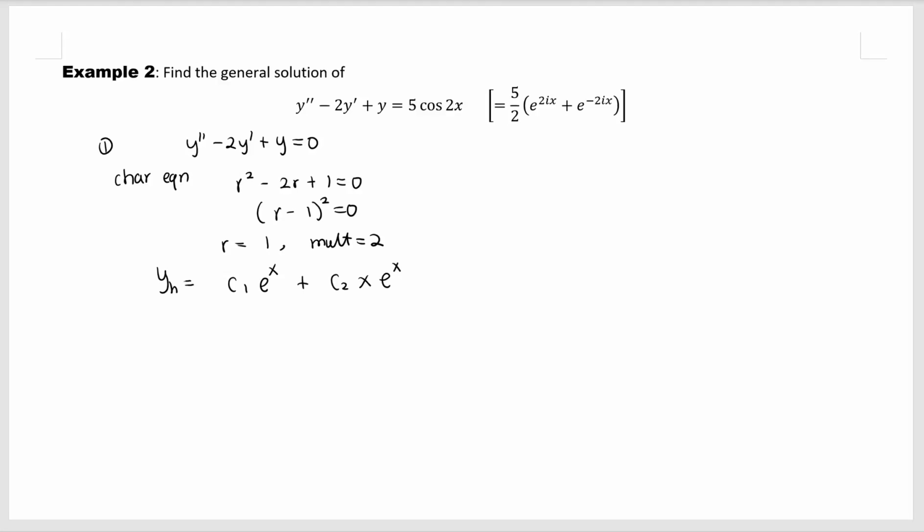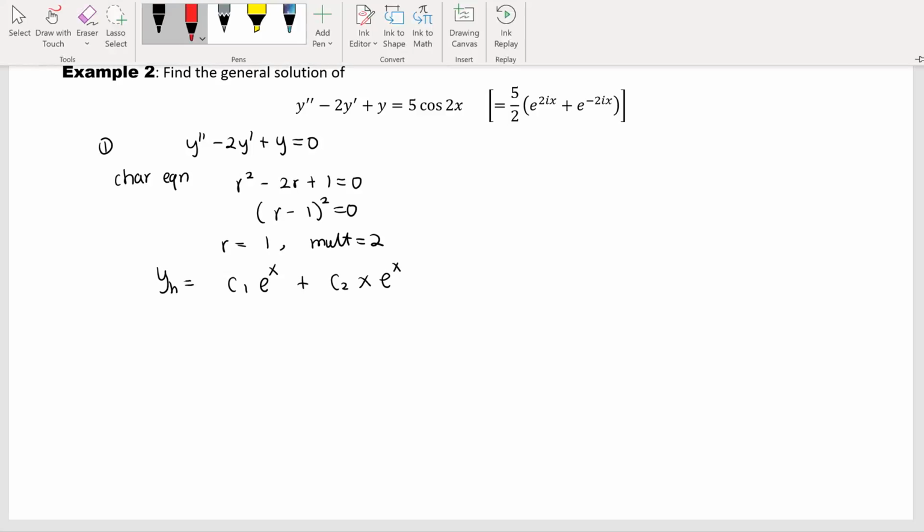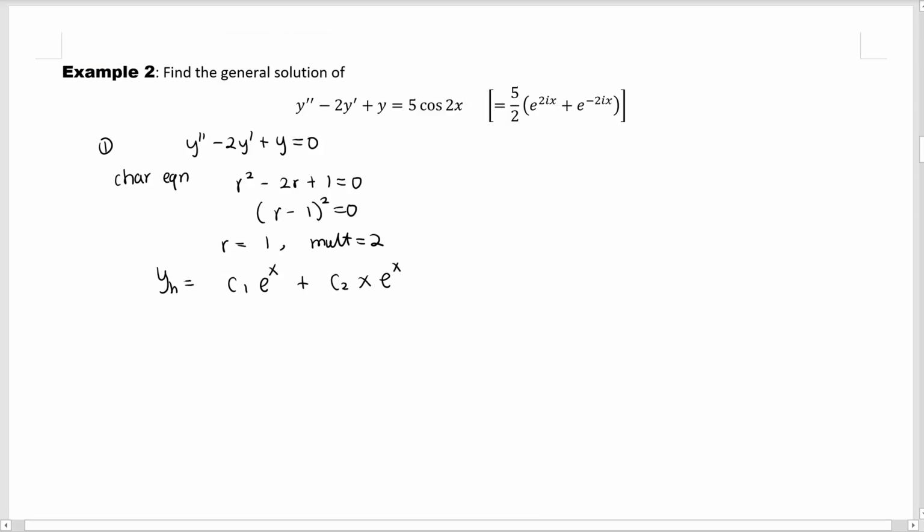Alright, so that is the first step. And then let's continue. For yp, to find yp, we'll look at the right hand side. The right hand side is 5 cosine 2x. Well, cosine 2x, what root does it correspond to?